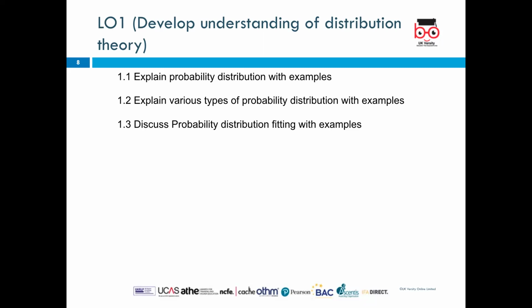So you have to explain what probability distribution is with example, and then explain various types of probability distribution with examples, and then lastly, discuss probability distribution fitting with examples. So that's for learning outcome 1.